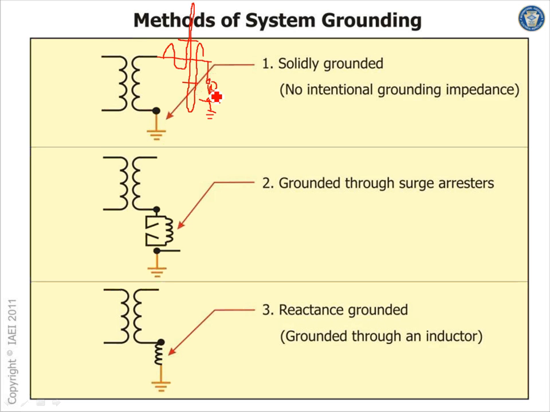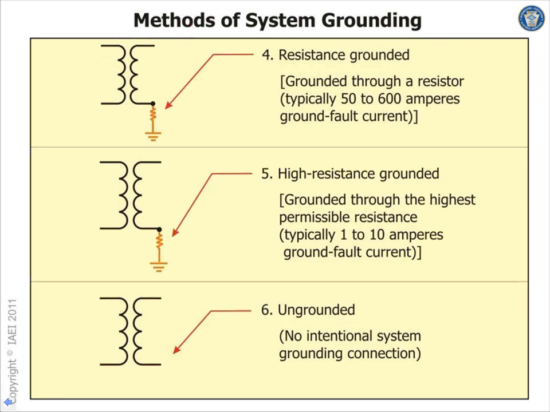If you have a ground fault on an ungrounded system like this, there's some transient created because of that ground fault. The impedance will take care of that one for you. I don't know if that makes sense.